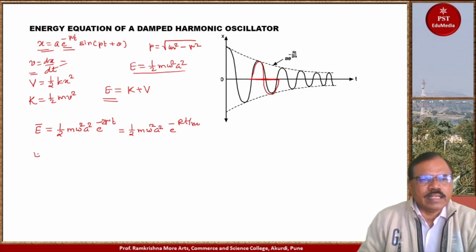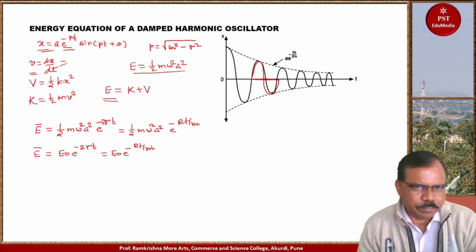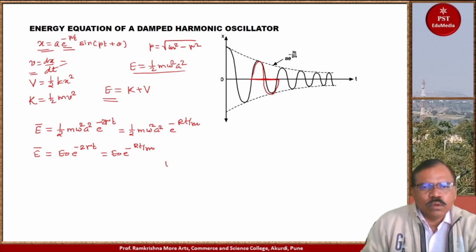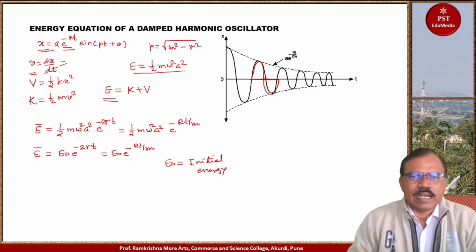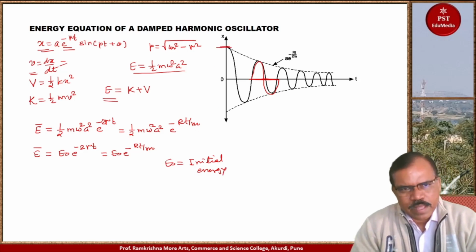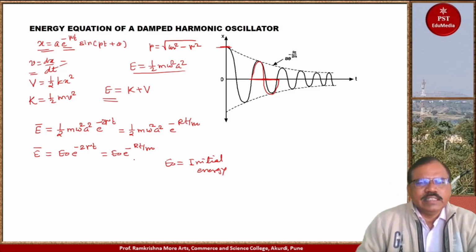So we can write here E bar is equal to E0 e raised to minus 2 gamma t, or E0 e raised to minus rt upon m, where gamma is r upon 2m. So what is E0? E0, initial energy. Initial energy means at starting point at t is equal to 0. And we will observe that energy decreases exponentially.